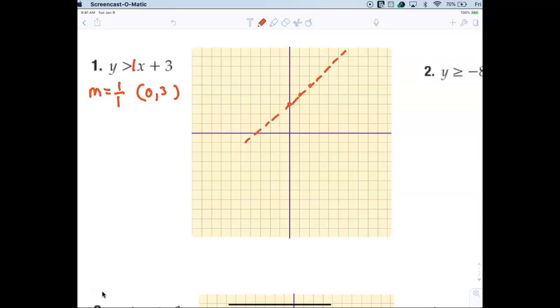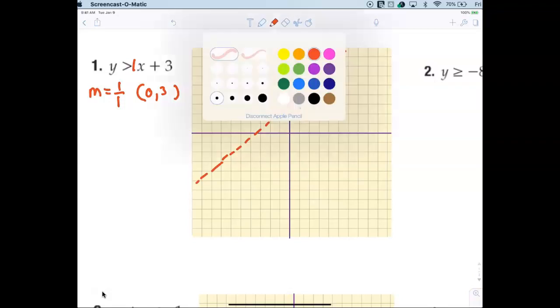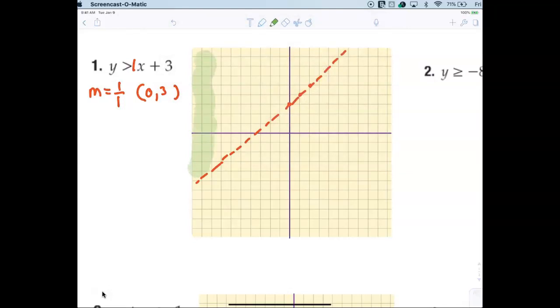That symbolizes that it is everything above that line. Then you take your highlighter and highlight everything above. Look how simple that is. If you know how to graph a line, then this is just simple.